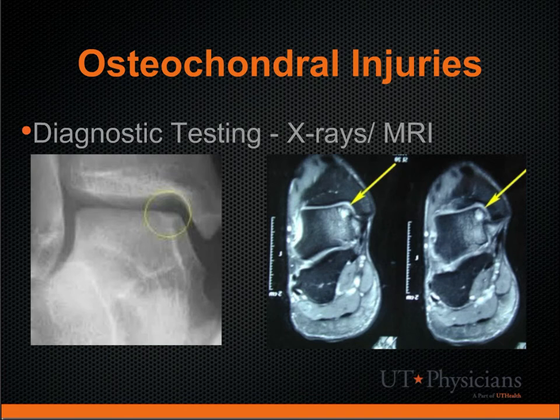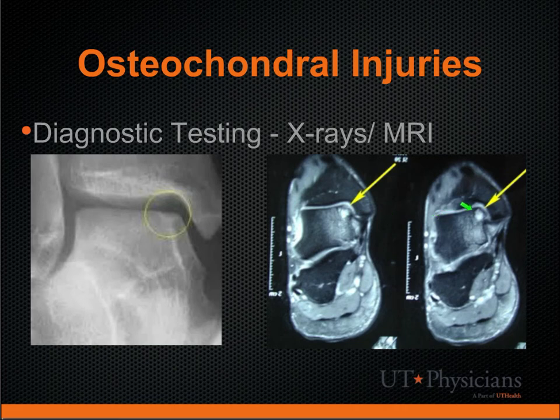But what you can't appreciate is the cartilage cap that is on top of this bone is often involved as well, and that really can be delaminated and peeled back, and really is what the patients are complaining about. On the MRI here, which is very helpful for evaluating this, you can see in the bone there is significant swelling, indicating an injury and irritation of the bone with stress to it, as well as the cystic formation of the defect in the bone and then the overlying cartilage.